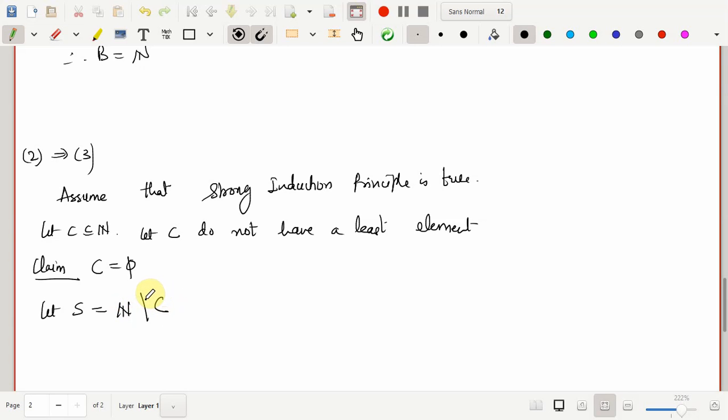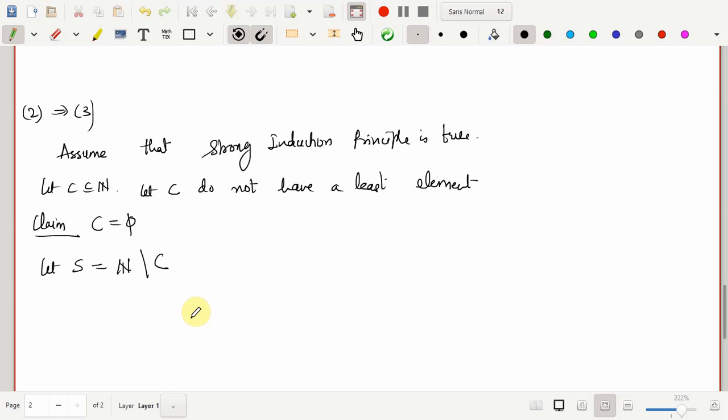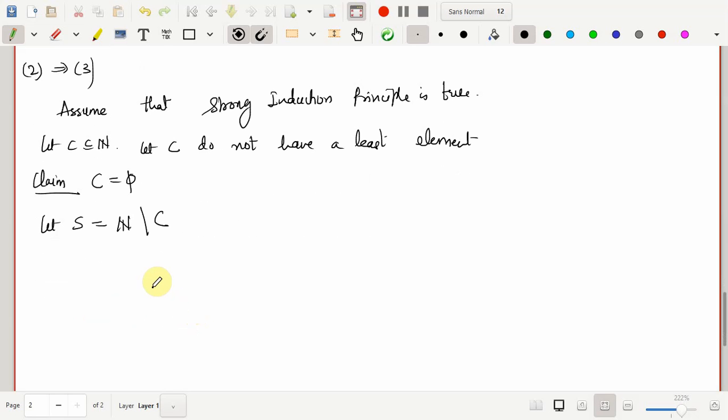Our aim is to show that C is empty. So first of all, you can very easily say that 1 is not an element of C, because if 1 is an element of C, then 1 itself is the least element of C, right? But we are saying that C does not have a least element.